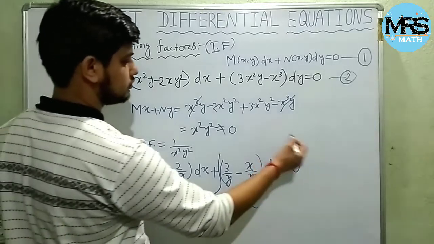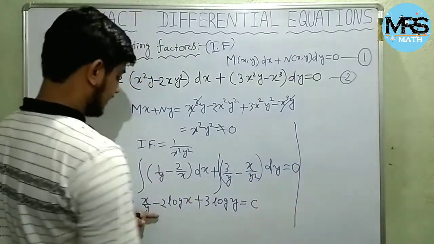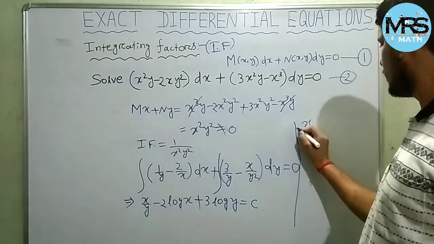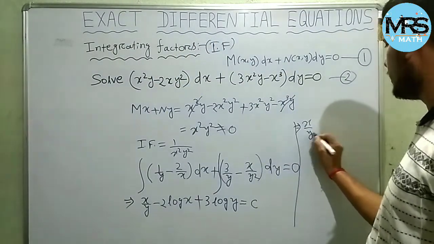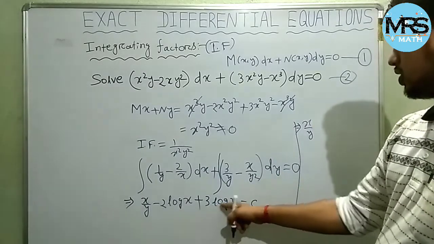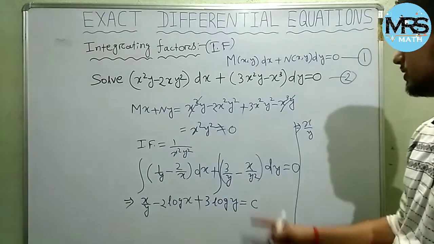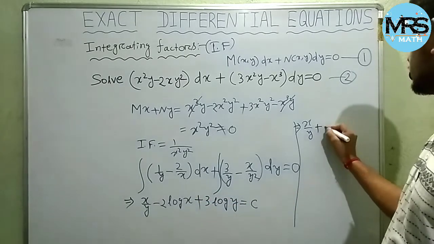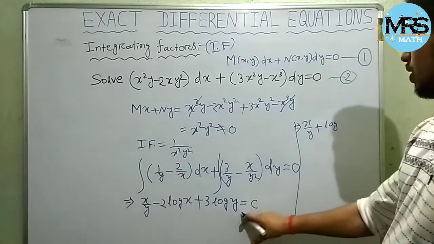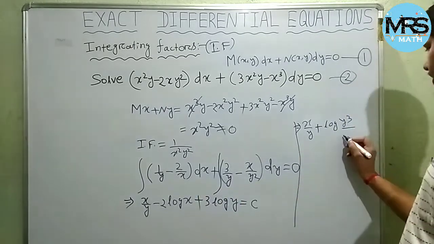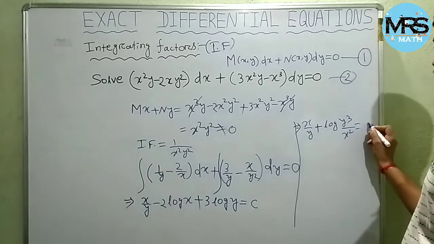Now we will come to here. So that is x by y, which implies x by y, then log y cube, log x square, then this will be plus log of y cube by x square, equal to c.